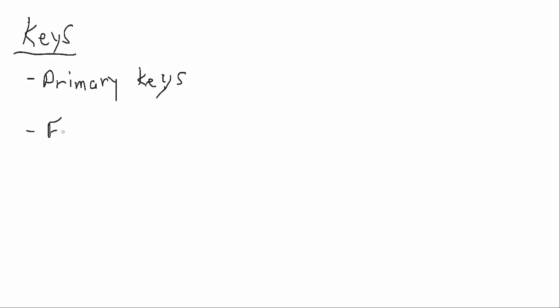Foreign keys are going to be used to help create those relationships and allow us to link information from one table to the primary key in another table. So let's walk through an example of how that might happen.